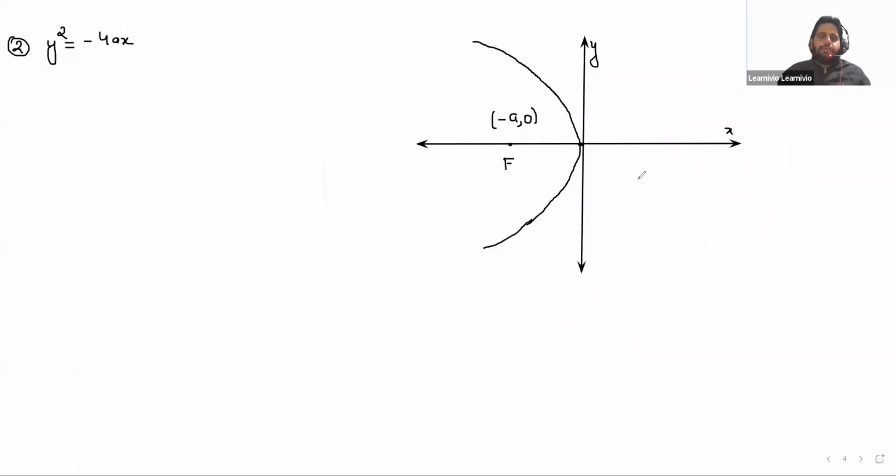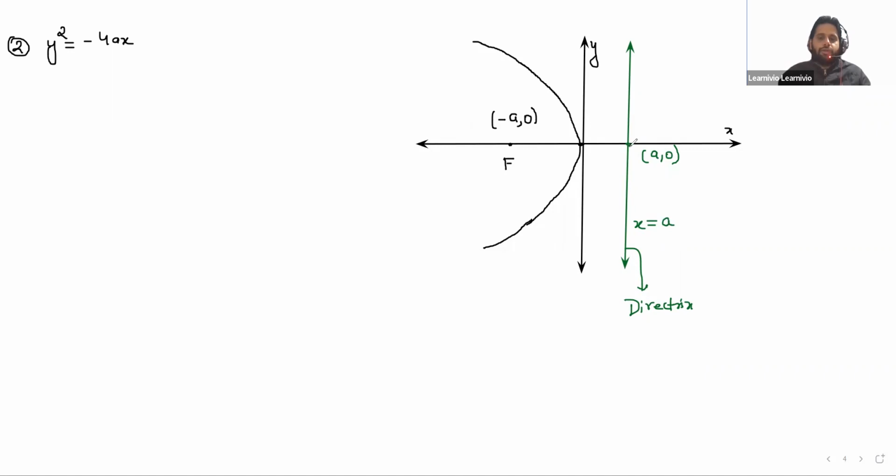Now, this is the parabola, so this directrix will lie over here. Now, this is on the positive x, so that's why this coordinate will be a comma 0. Now, Yusra, can you tell me what is the equation of directrix? X is equal to a.